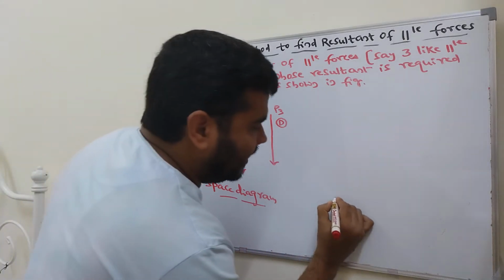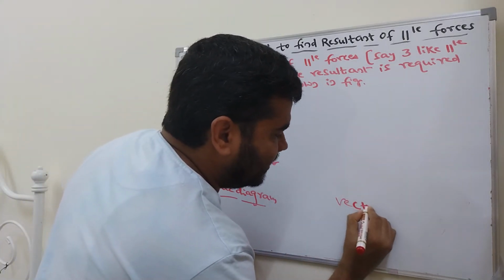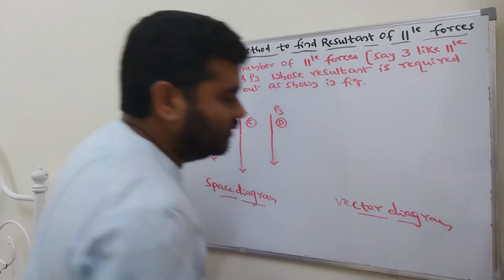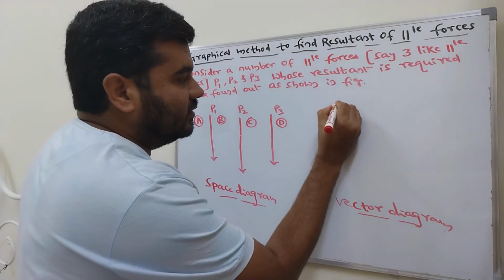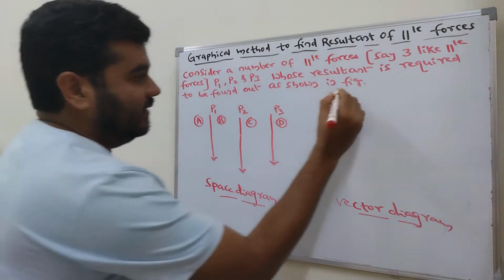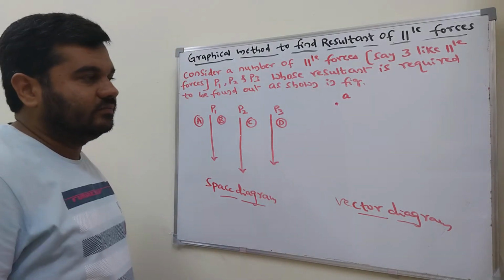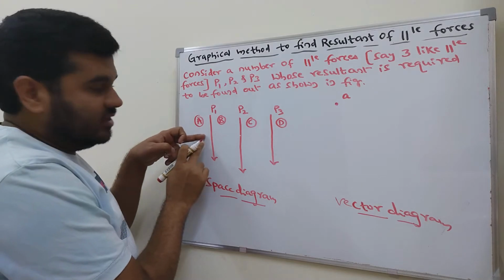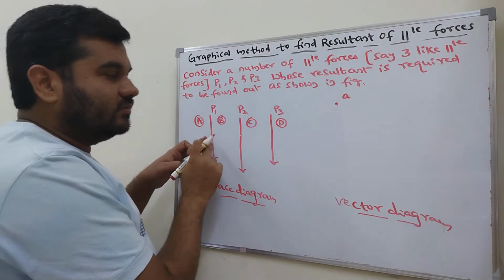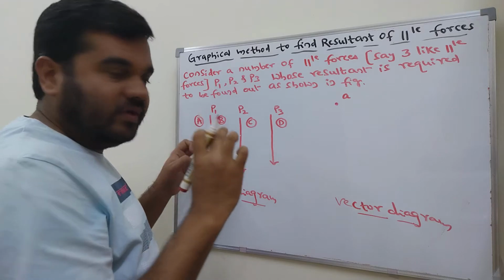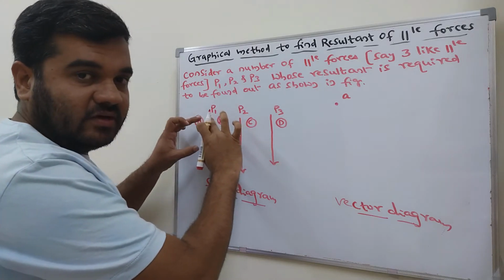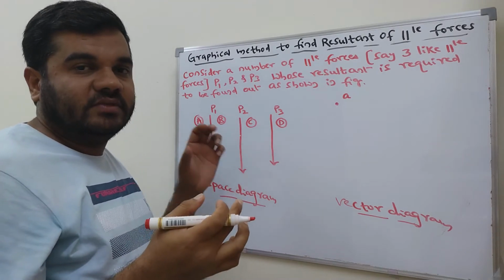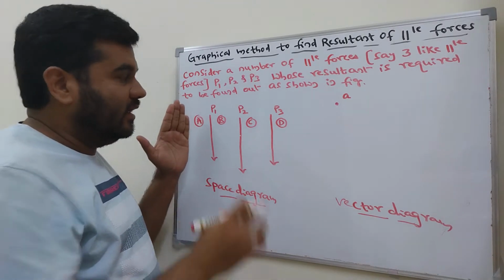Now come to the vector diagram. Start with any convenient point, that is A. Now come to the first force, P1. Take a proper scale, and convert whatever force you have, in Newton or kgf, into a convenient scale, in millimeters or centimeters.